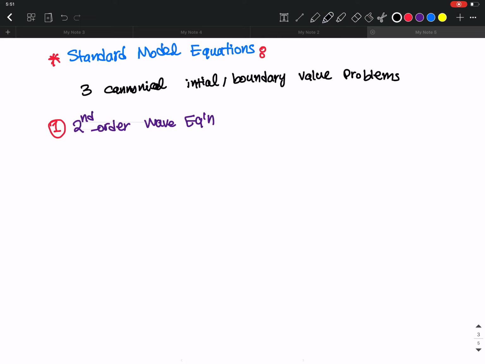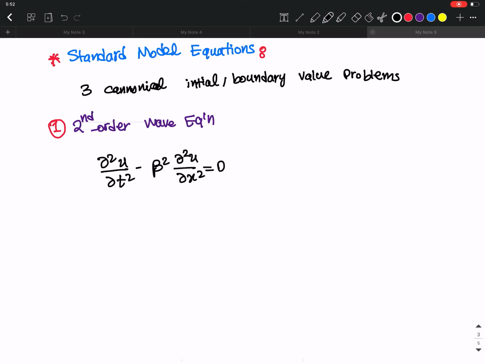The equation that we had for this one was partial square u over partial t squared minus beta square partial square u over partial x square equals to 0.